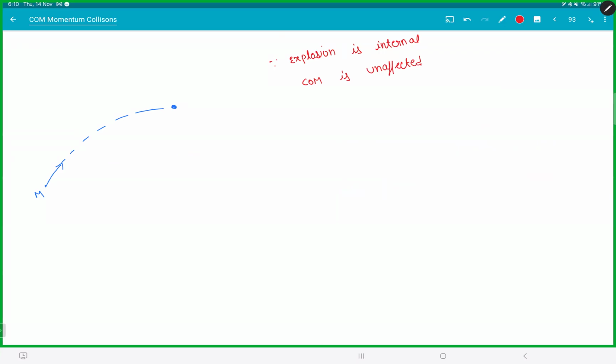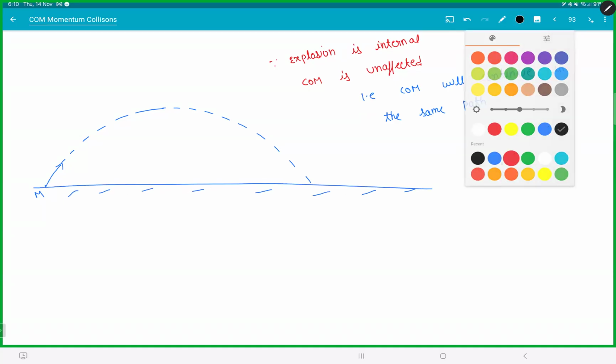What is the meaning of that? Even if there's an explosion or no explosion, the center of mass will continue in the same path. Center of mass doesn't care. Agreed with that?